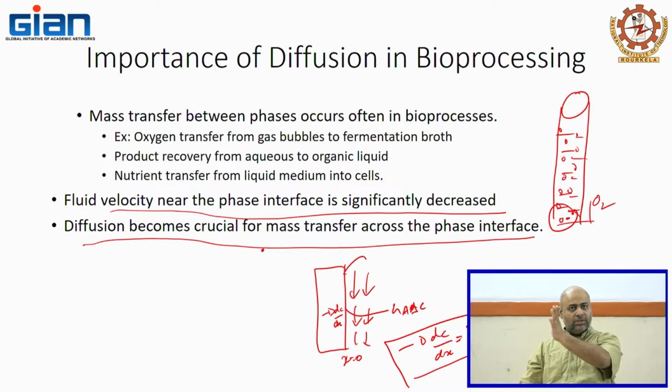It is diffusion, and if it is moving with a velocity, it would be convection. You are getting my point? If it is stationary, diffusion only. The flux has to be conserved, mass has to be conserved. The mass flux has to be conserved.